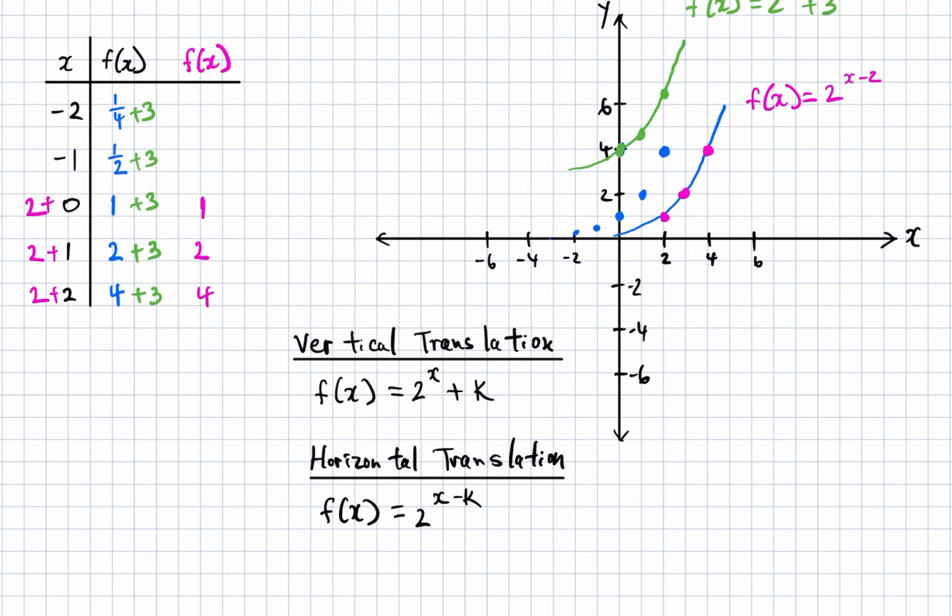Okay, it's x minus k because if we are to shift to the right, remember we had to subtract in the exponent. So a shift to the right would be a negative, so that means a shift to the left would be a positive, okay? So these are our equations for a vertical translation and a horizontal translation.